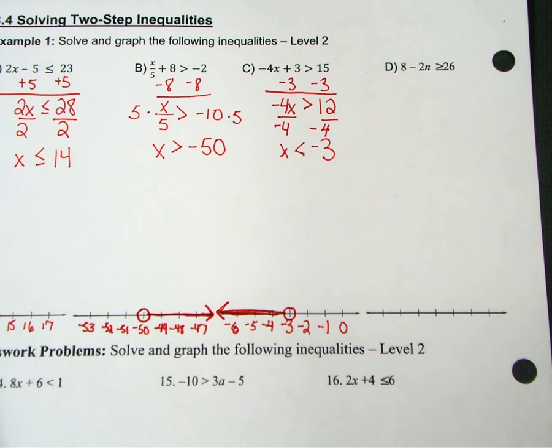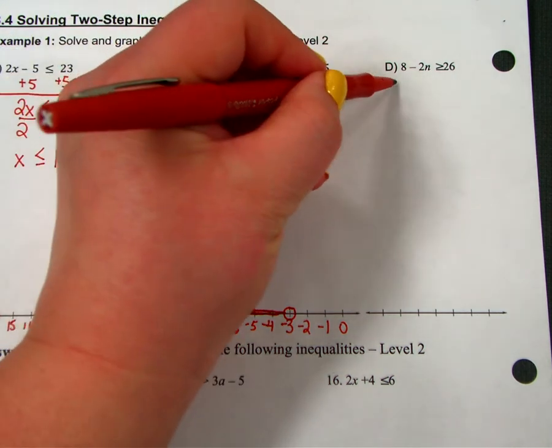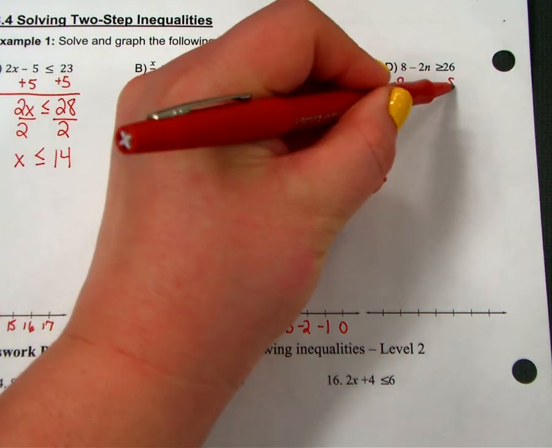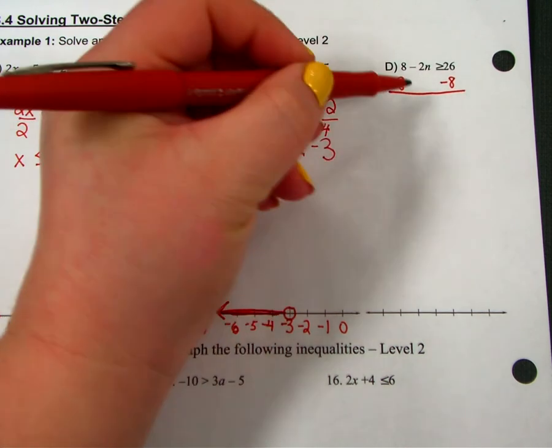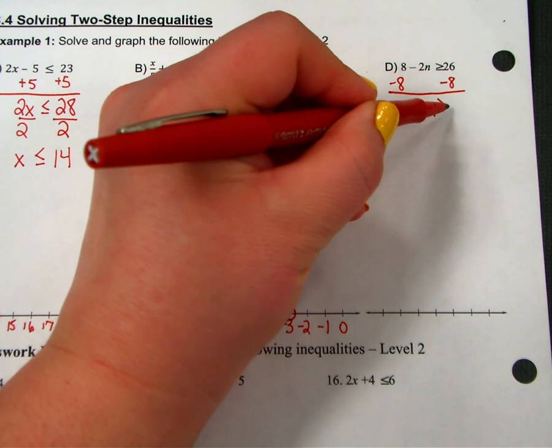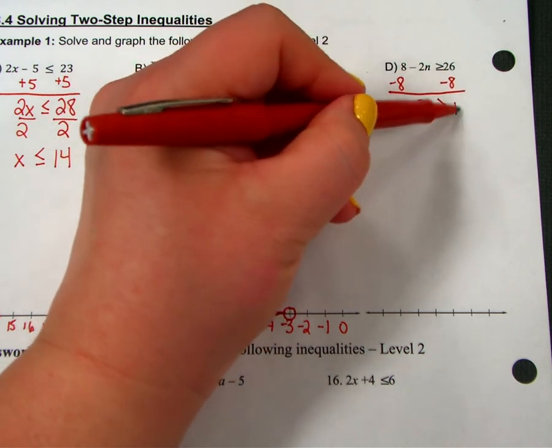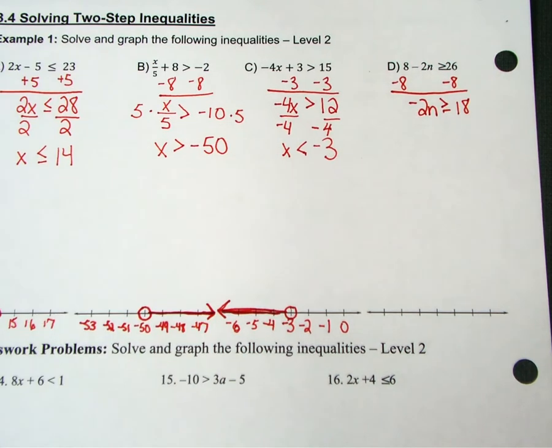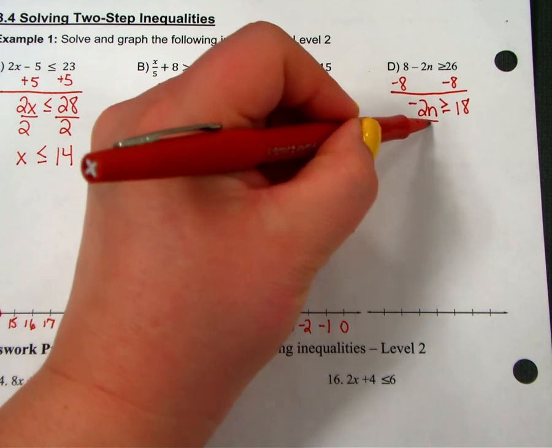Last one. I need to subtract 8 from both sides. -2n is greater than or equal to 18. Then I need to divide both sides by a -2.